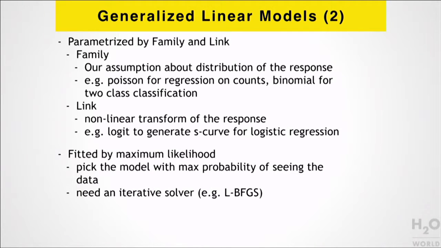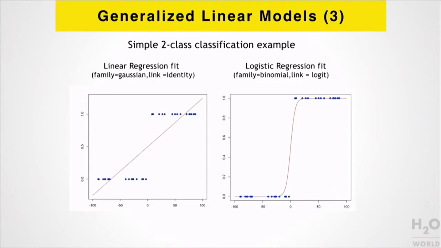And it is fitted by maximum likelihood, which means we pick the set of coefficients which give us the highest probability of observing the training data set. And that needs an iterative solver. There's no closed-form solution.